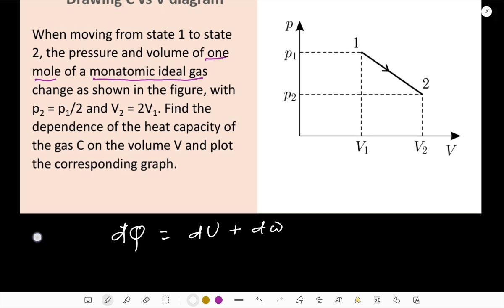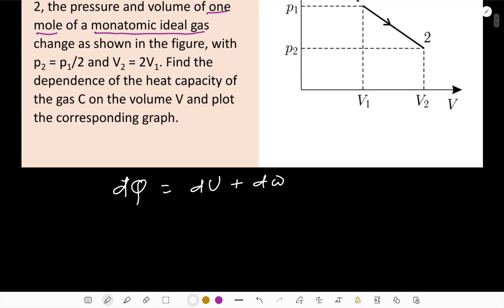And if I wrote like this, the number of moles of the gas is 1, so I would like to write dq as simply c dt. It is n c dt, so n is equal to 1, so it becomes c dt. And dU, in the earlier video I have drawn it, will be 3 by 2 R dT.